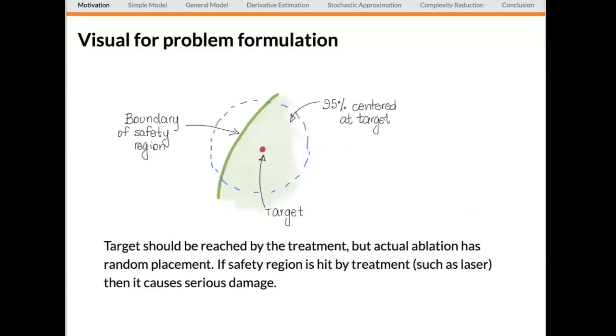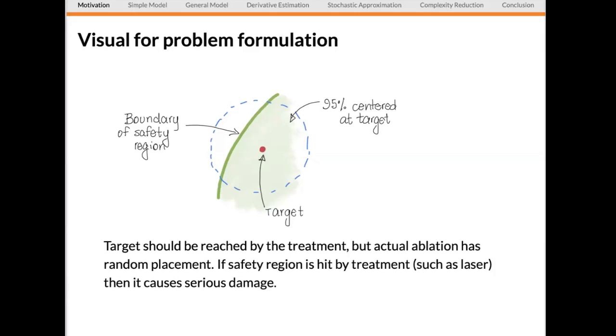So the visual for the problem formulation is called optimization under chance constraint. Say that you want to optimize something and the absolute optimal is your target. You want to reach the target, but you don't actually reach it with probability 1. You're shooting, but it doesn't actually shoot with probability 1.